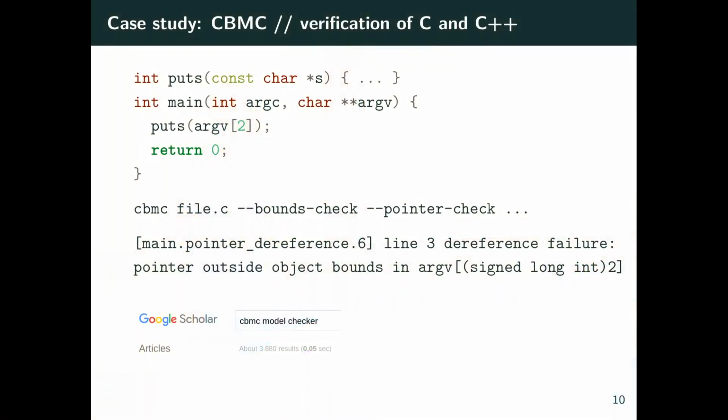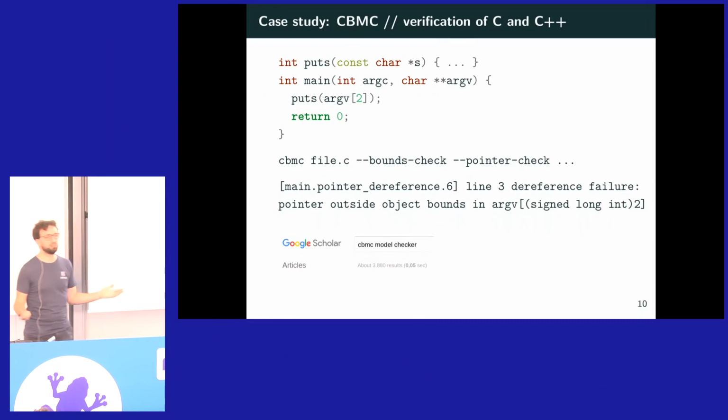I already mentioned CBMC. It's been around for a long time, and you can see I checked Google Scholar. There are almost 4,000 publications that work on or with CBMC. And what you do, like the easiest case, is you give it C or C++ code, and it will give you stuff that fails.